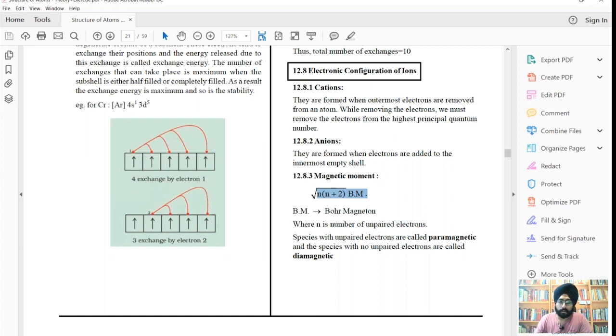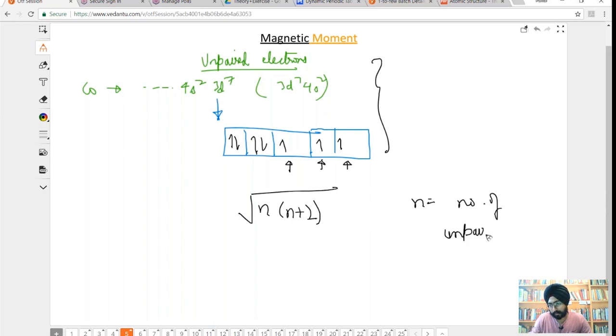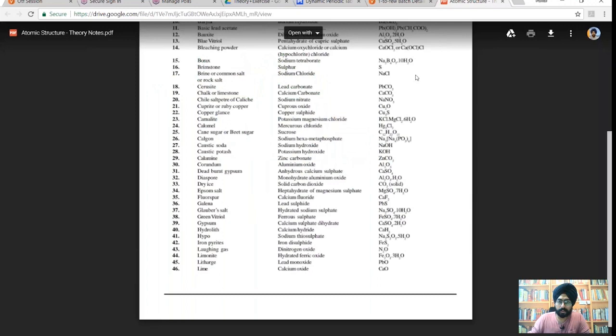The magnetic moment is basically equal to root of n into n plus 2, where n is equal to the number of unpaired electrons. What magnetic moment is, you'll deal with in physics anyway. So this is the formula.